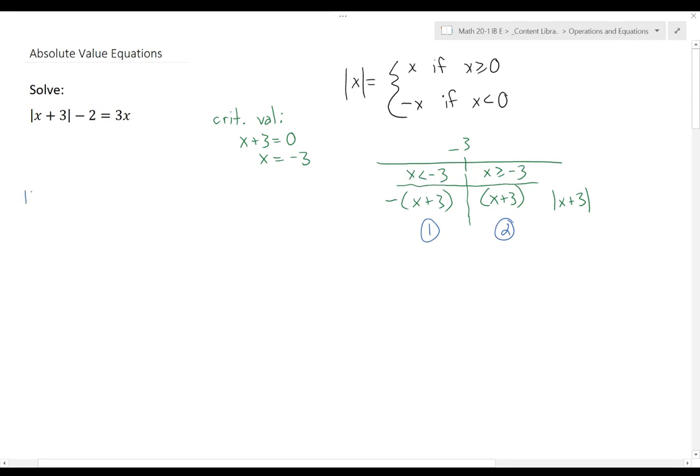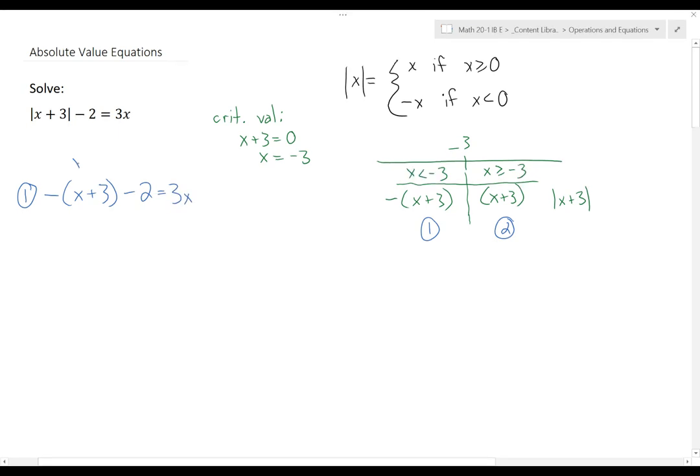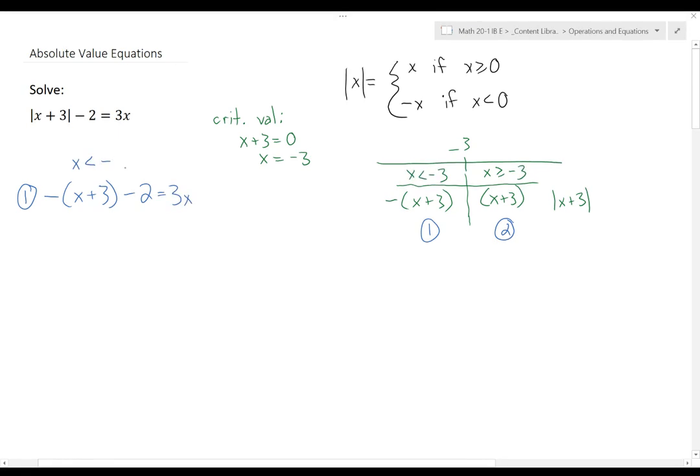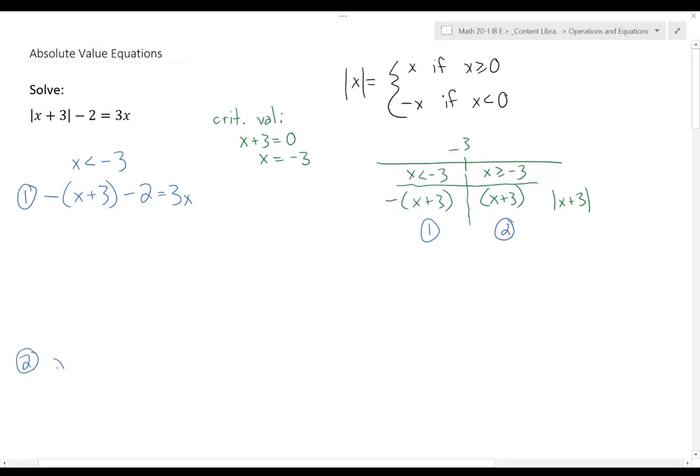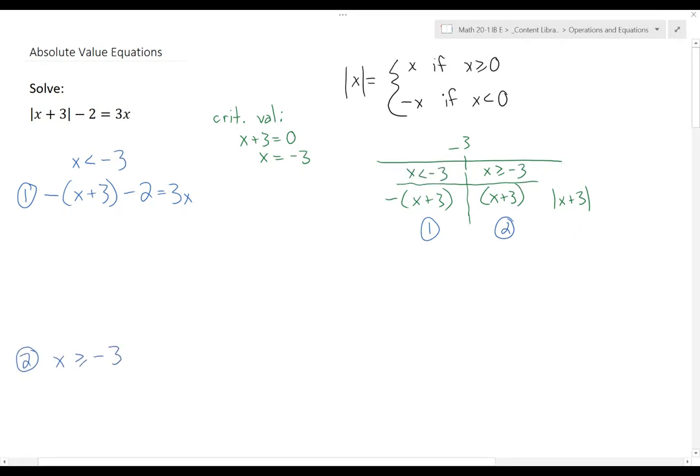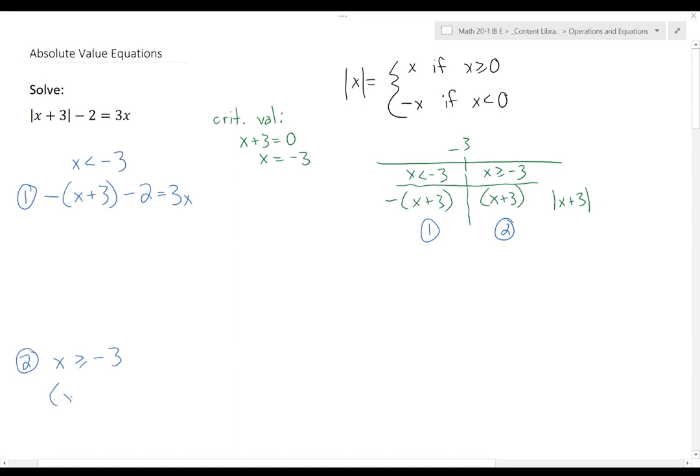So the first equation is where I have the opposite of x plus 3, minus 2 equals 3x. And this applies for values of x that are less than negative 3. The second equation applies for values of x that are greater than or equal to negative 3. And for this, I just have x plus 3 minus 2 equals 3x.